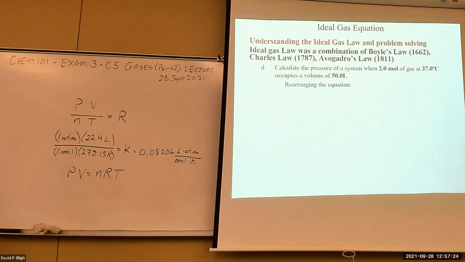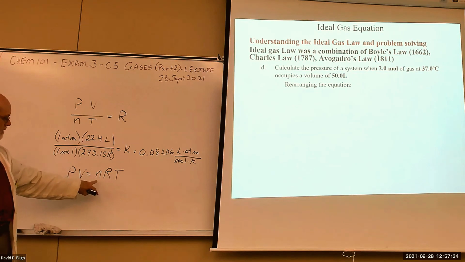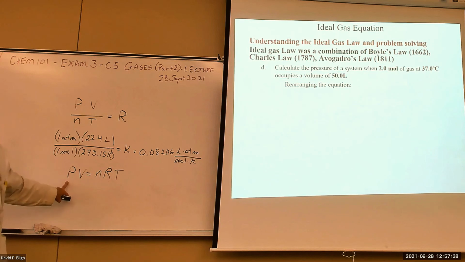Then we say what equation are we going to use? Okay, it looks like this one. We use that one because we have moles, we have temperature, we have volume, we have our gas constant. We're going to solve for pressure. Next thing you do is check your units. What are the units? Okay, moles, good. Degrees Celsius, bad. Add 273 to it.